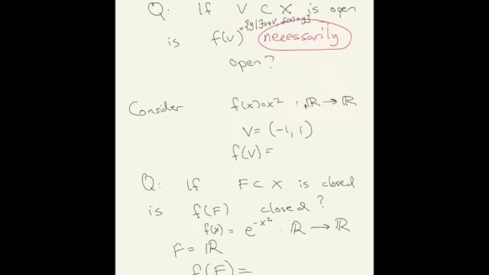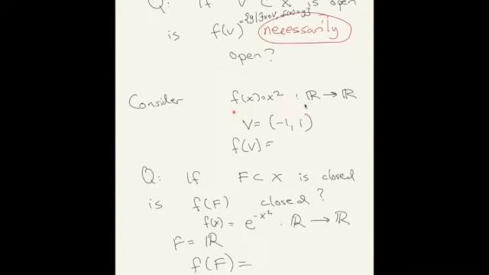The set, it's going the other way. So an example, it's pretty simple, is f of X equals X squared. It goes from R to R. It is certainly continuous, 131A stuff. Now, V is the open interval -1 to 1, so an open set.